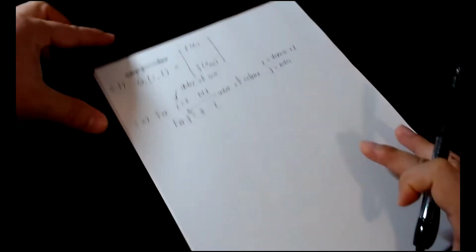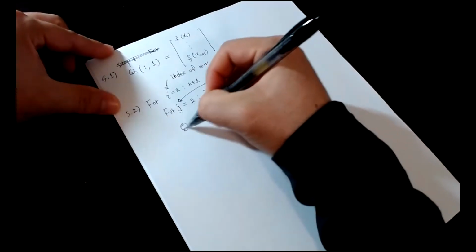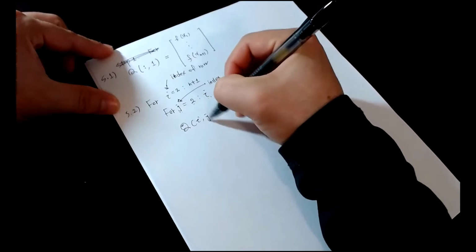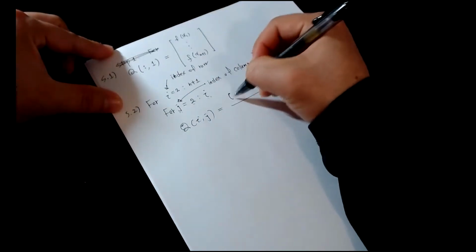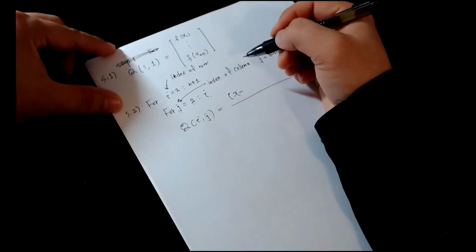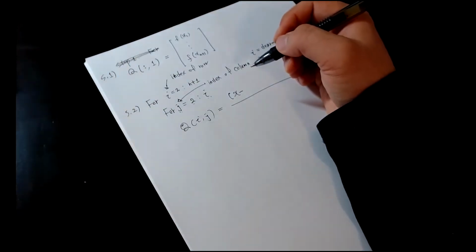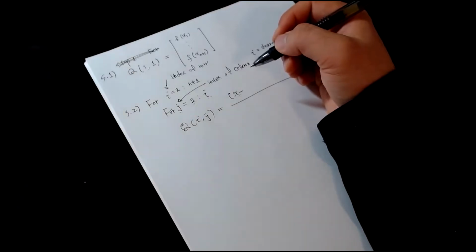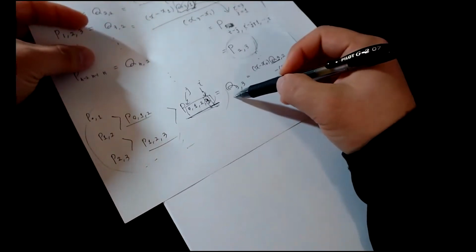Now we calculate q I comma j equal to x minus. X minus what? For example, here q3 comma 3.